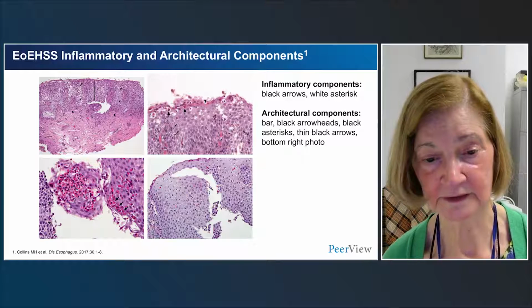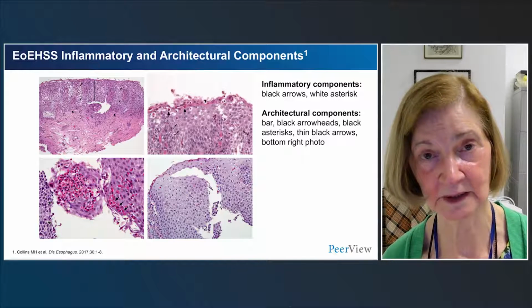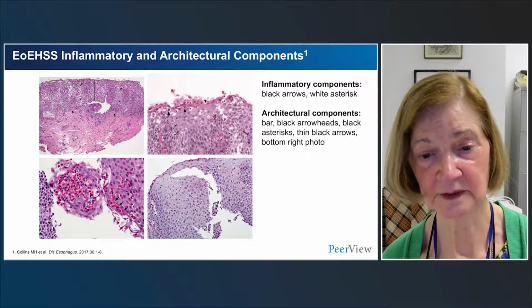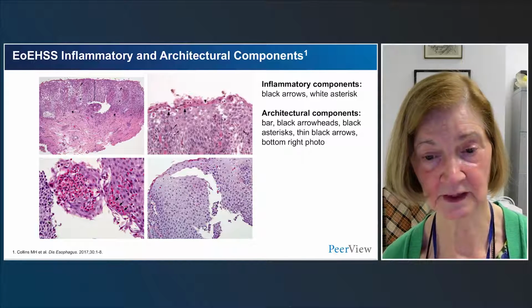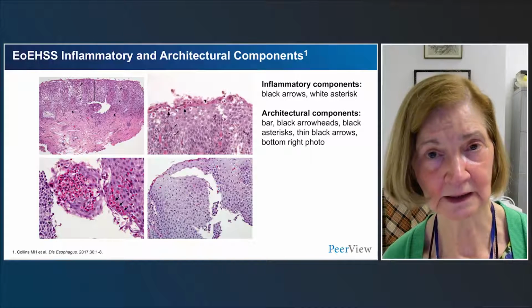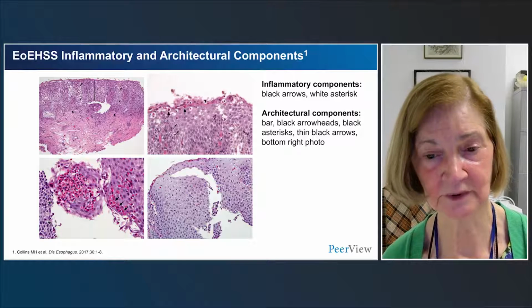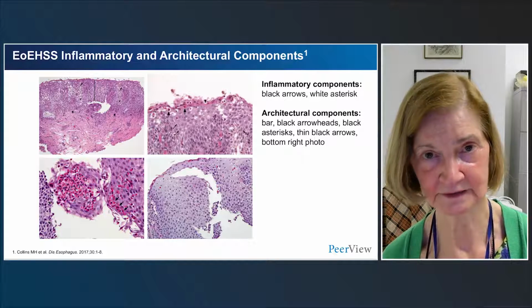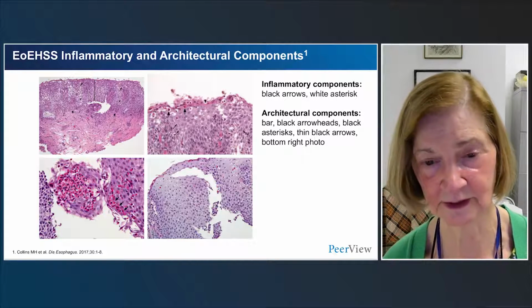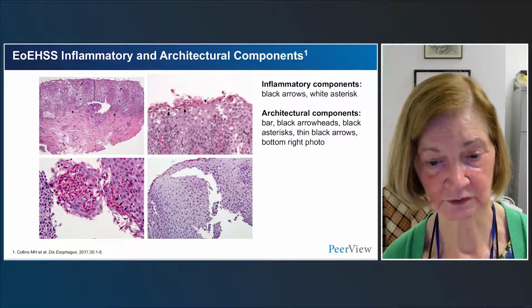In the upper right, the arrowheads are pointing to eosinophils that are admixed with surface epithelial cells. There's an arrowhead pointing to cells that are more pink than they should be. They have more keratin in them than they should. That is a response to irritation, likely, and that's known as surface epithelial alteration.